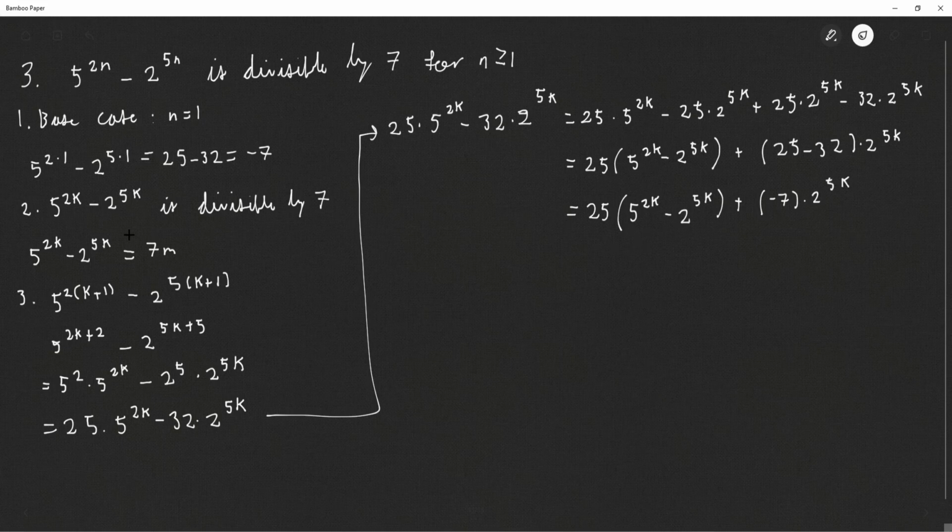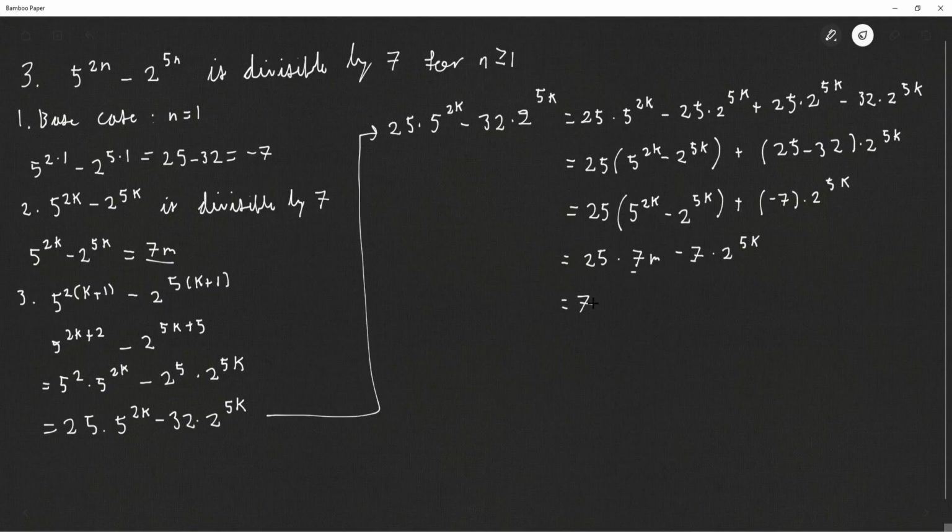However, if you remember from our assumption, we have 5 to the 2k minus 2 to the 5k is 7m. So this is going to become 25 multiplied by 7m, and then this is minus 7 times 2 to the 5k. But one thing you can notice is both terms here have a 7.